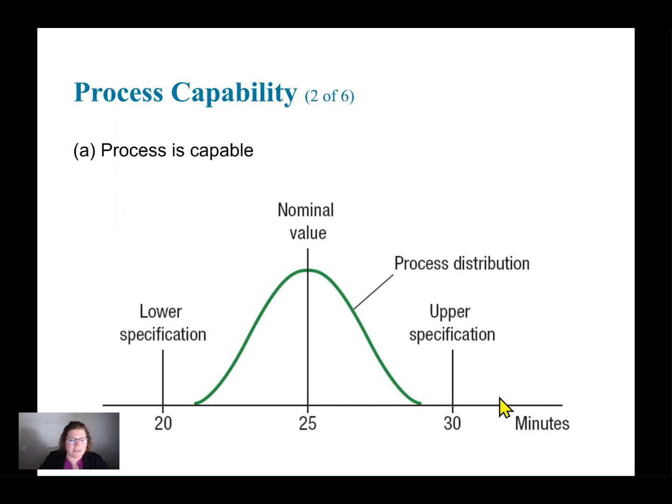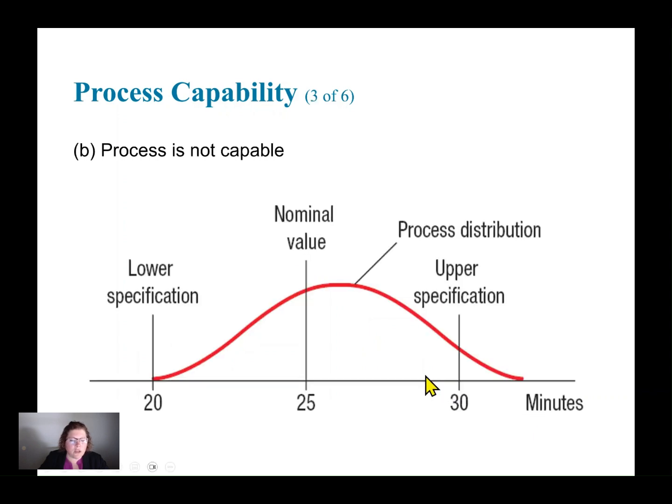So this process will be determined to be capable of our target level of quality. But you'll notice when we look at this other example, the normal distribution exceeds the upper specification too far. So this process is not capable because the spread is too wide.